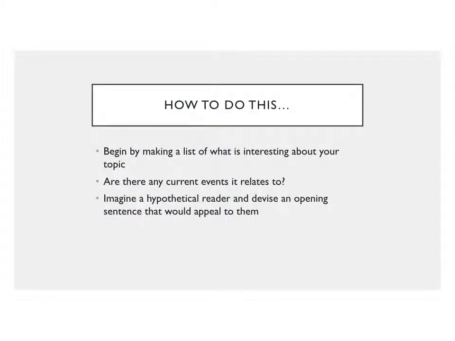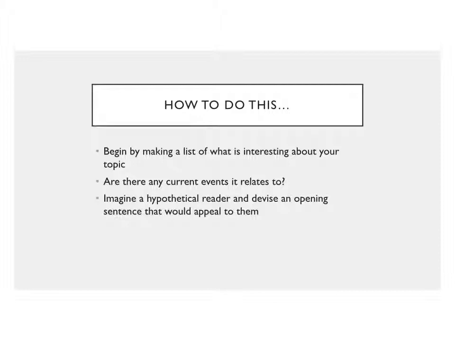So how do you do this? We'll begin by making a list of what's interesting about your topic. You've had those 3 different topics that you could choose from for this final paper. Ask yourself what initially made you choose the topic that you chose. What was interesting to you about this topic?